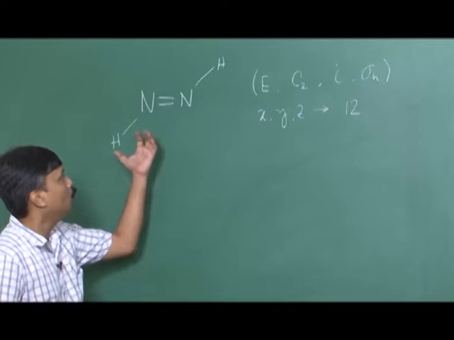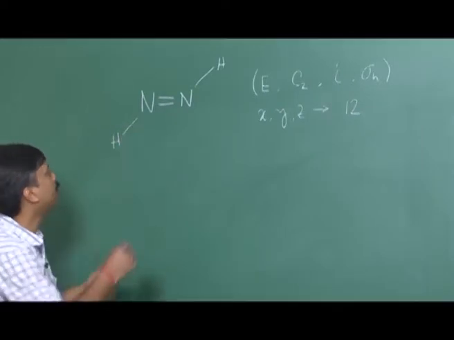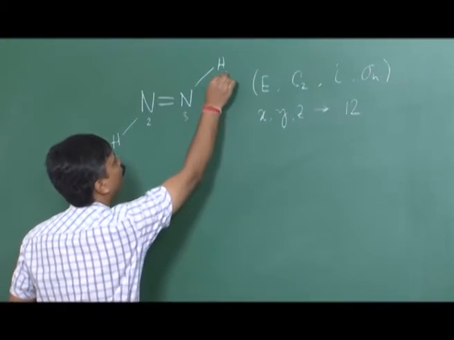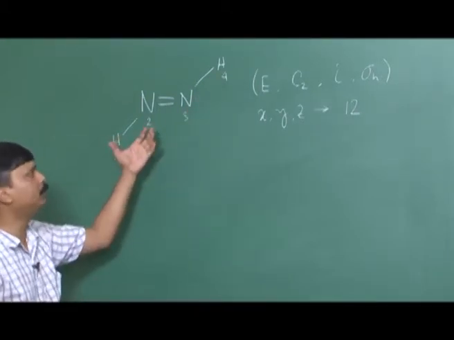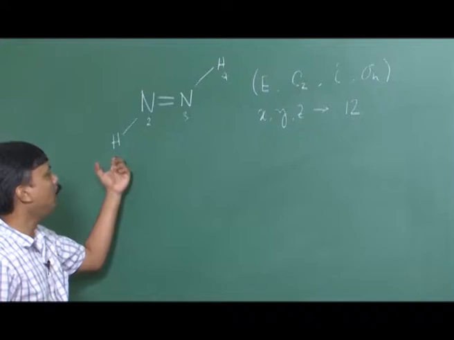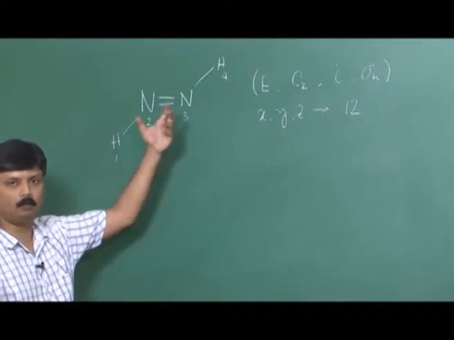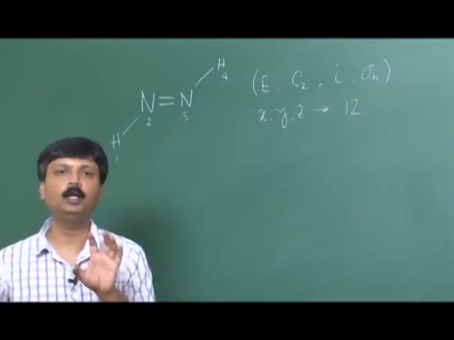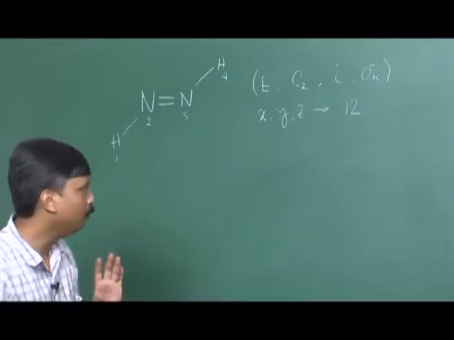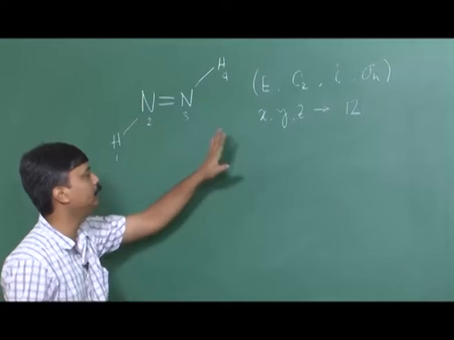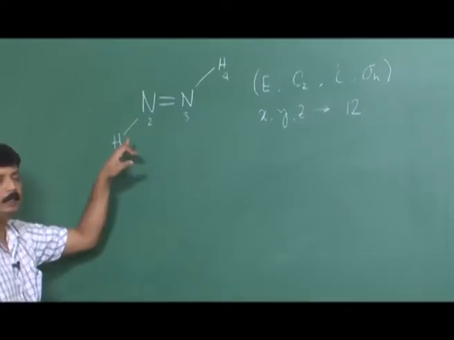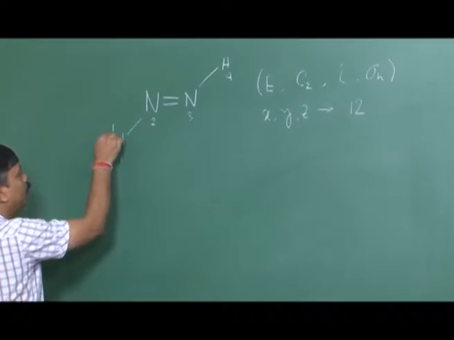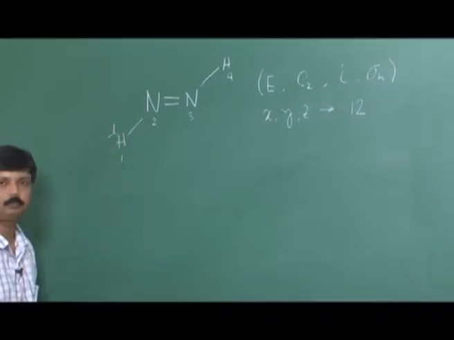So once the atoms are marked like 1, 2, 3 and 4, upon a symmetry operation, if one is shifted to some other atom, then this will not contribute anything to the overall character. Now my basis function here is x, y, z, so on this atom I have 3 basis functions, right? I have x, y and z.